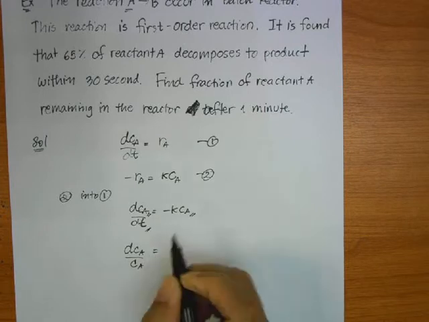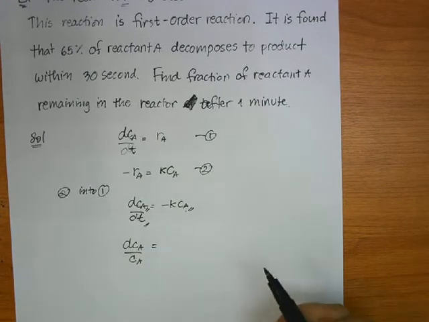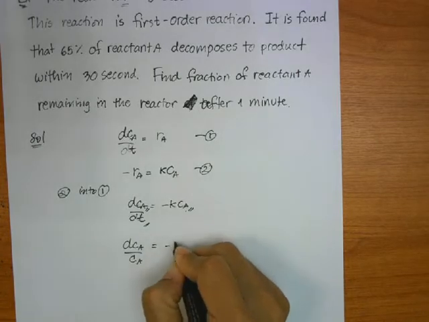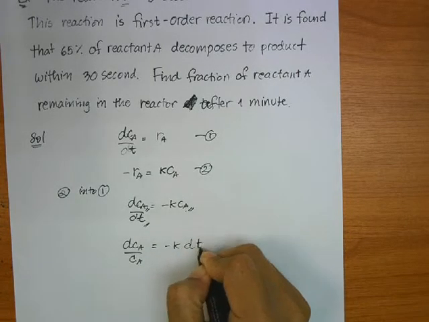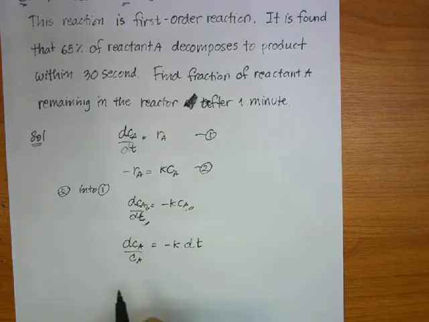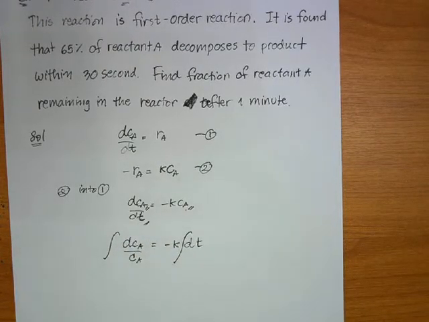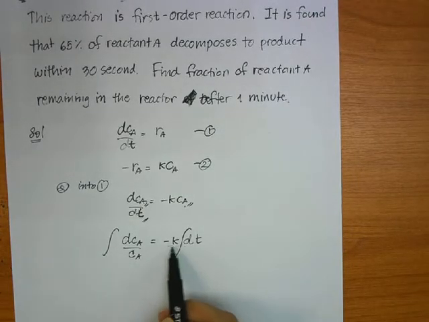you just move this CA to the left hand side of your equation, and then we put dt with K, and then we take the integral of that. K is a constant, so I take K out from the integral sign.